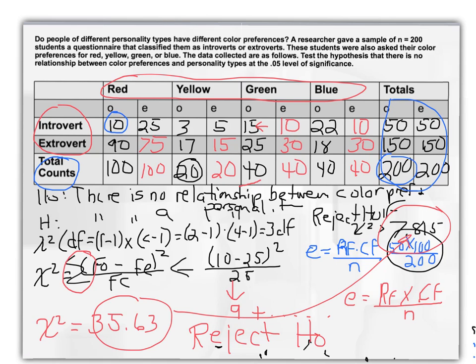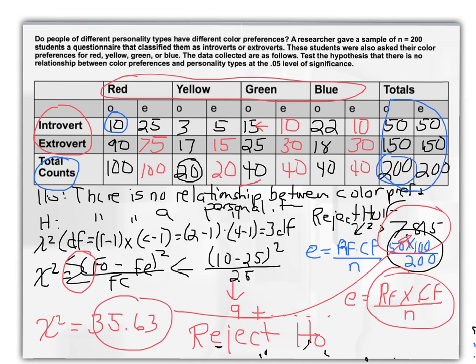And what that's basically saying is that if there were no preferences, if there were no relationships, then the major factor determining expected frequencies would be your column and your row totals.